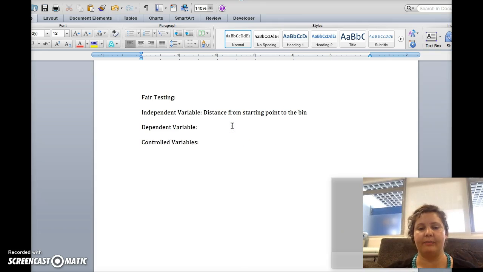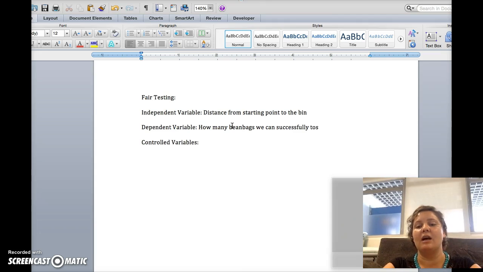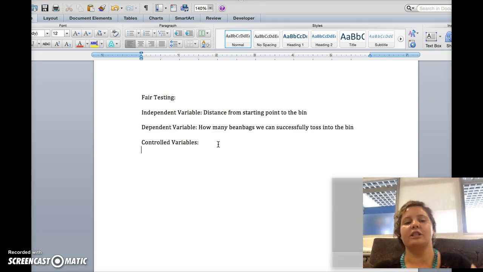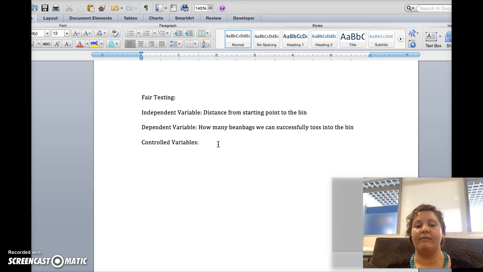The dependent variable is what is this whole investigation dependent on? It's dependent on how many beanbags we can successfully toss into the bin. That's what it's dependent on. Now we need control variables. So to make sure that there's no other variables or factors affecting our dependent variable, how many beanbags we can toss into the bin, and that it's only distance that's changing, we have to control the rest.